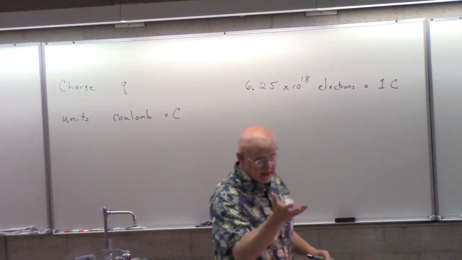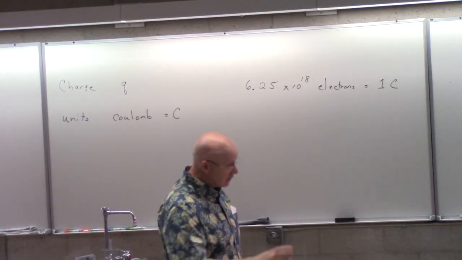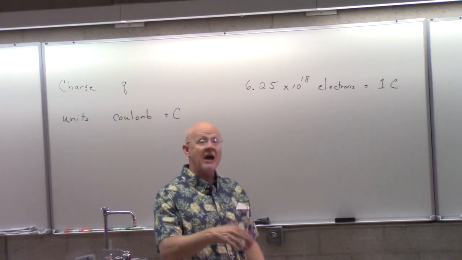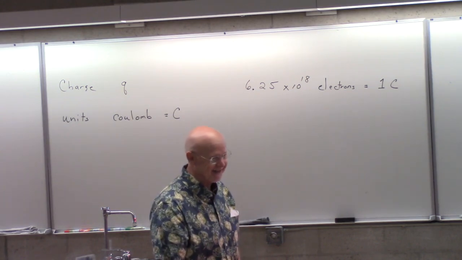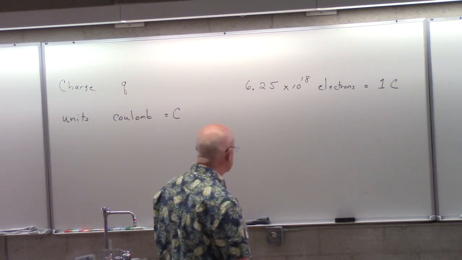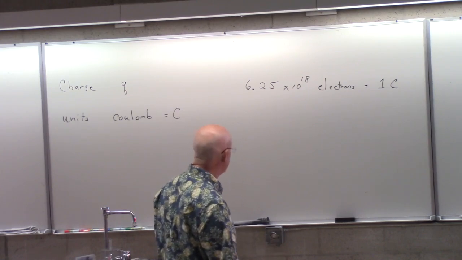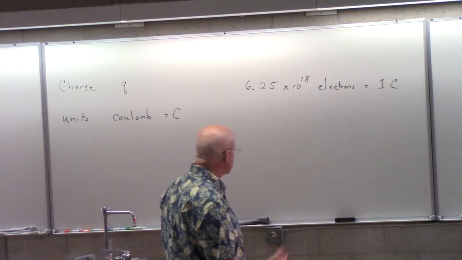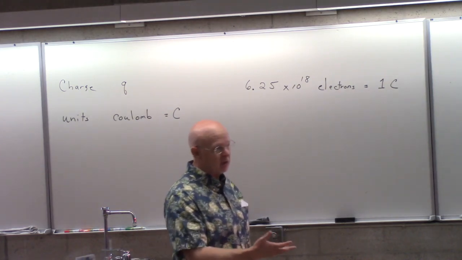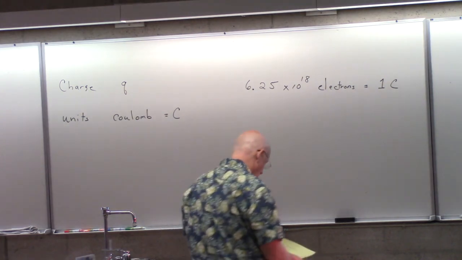And so that is a Coulomb. So it takes a lot of electrons, or at least I should say it sounds like a lot of electrons. Actually, that is quite a bit of electrons, at least a lot to separate them away from their nucleus. But that's 1 Coulomb. And so you're going to see 1 Coulomb of charge is actually quite a bit.